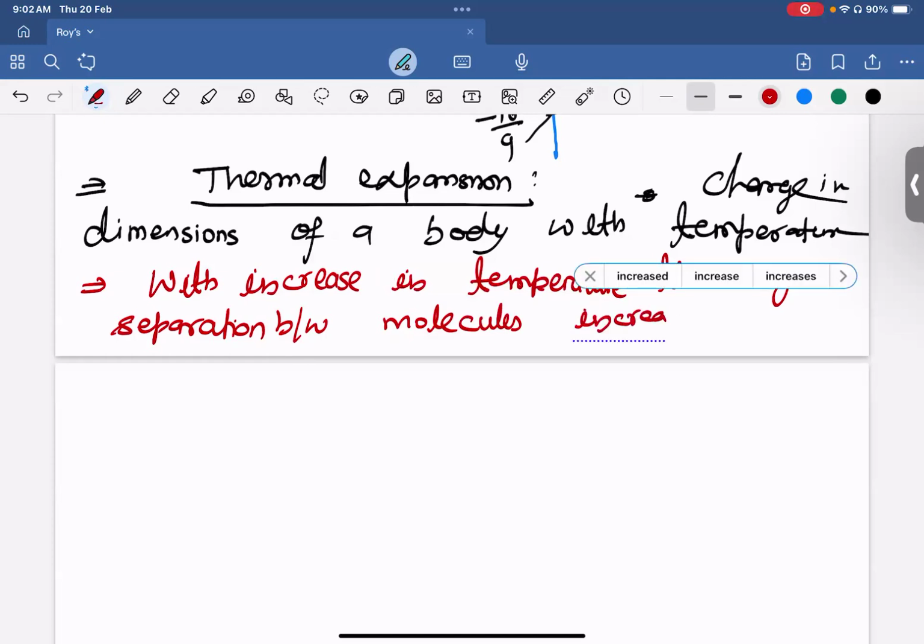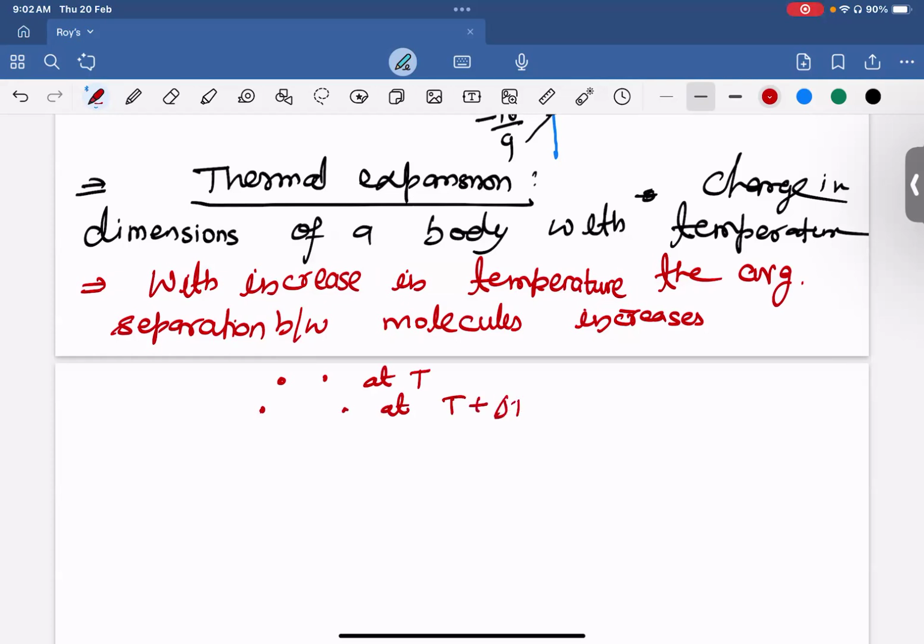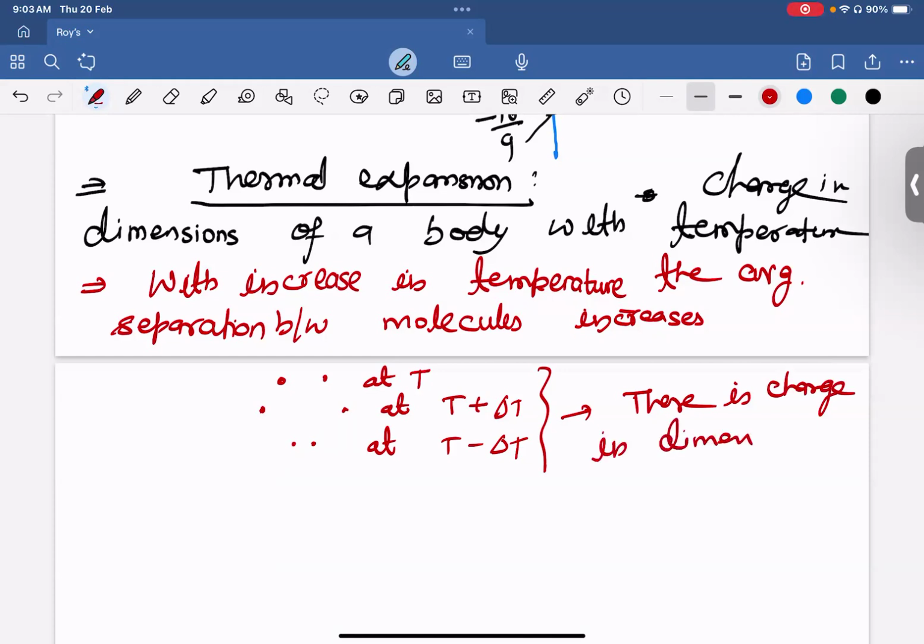They become separate from each other. Like if at low temperature molecules are like that, let's suppose it is at temperature T, then on increase it might go to temperature T plus delta T, and they can also go close at less temperature T minus delta T. So due to this, we can say that there is a change in dimensions.